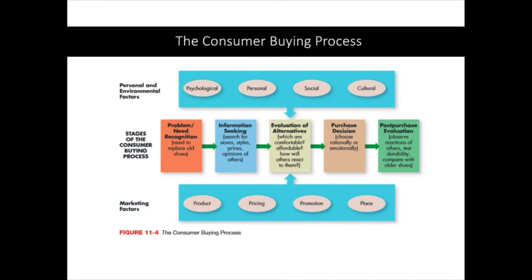On the other hand, the factors that we have control over as marketers, the shape and form of the product, the way that we price it, the promotion messaging that we've given to you, as well as how easy it is for you to find the product and purchase it because of our distribution decisions, all of those will also influence your evaluation of alternatives and your final purchase decision.